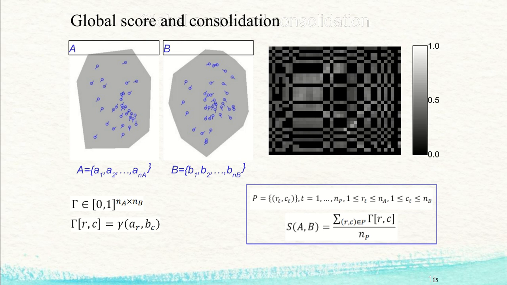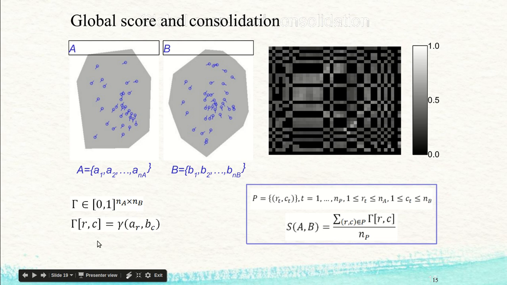Now we are going to calculate all the values globally. Suppose in the first fingerprint we have NA cylinders, and in the second we have NB. So we will have a matrix of 0 to 1 values, NA cross NB.